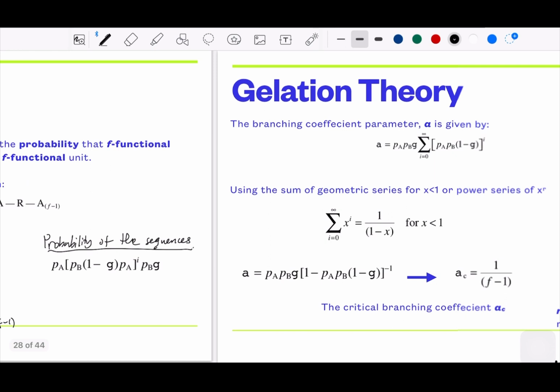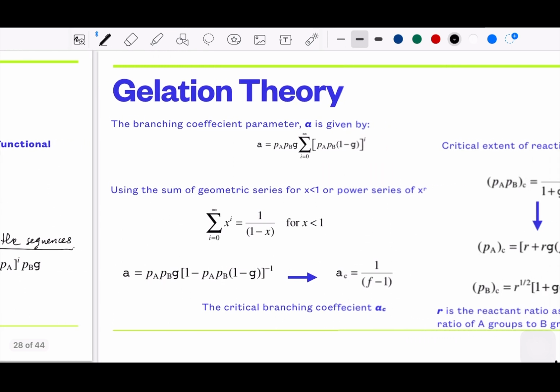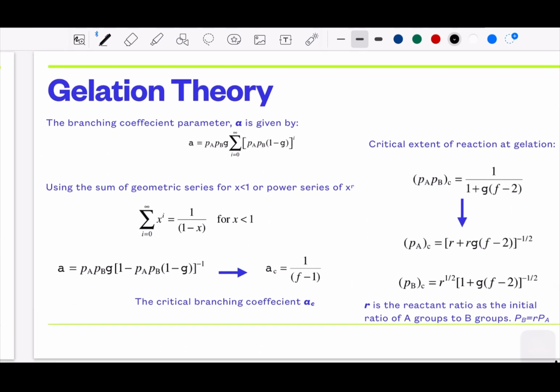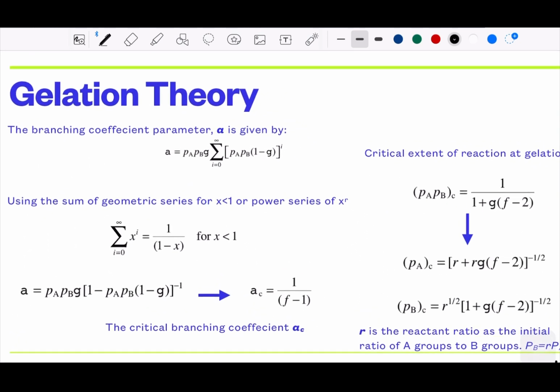And then the branching coefficient is given by this. It will be the summation of the repeat units.